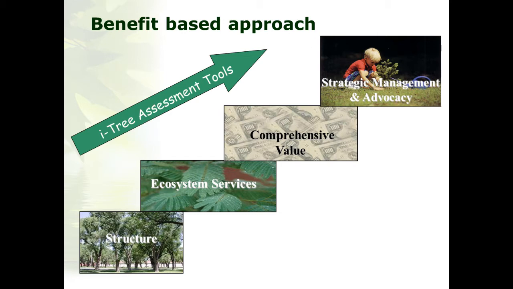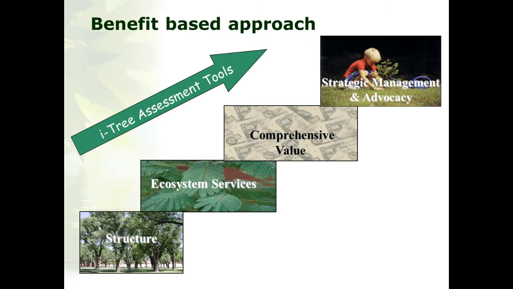But iTree differs in that it allows you to use that structural information of the tree resource and run it through these iTree applications, which will allow you to understand and estimate the ecosystem services of that urban forest or an individual tree in some cases.